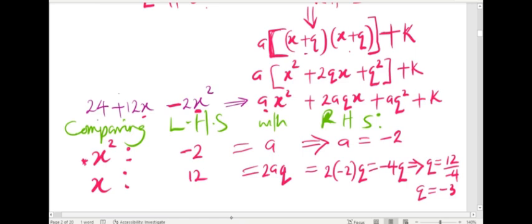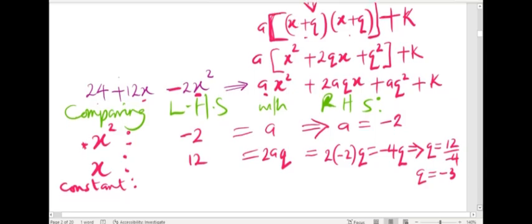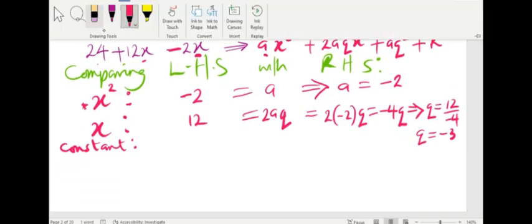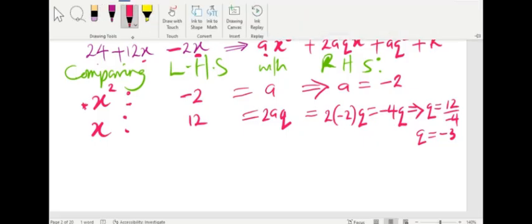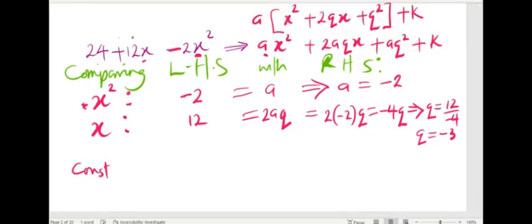The constants are the ones that don't have x. On the left-hand side, the constant is 24. On the right-hand side, it is aq squared plus k.